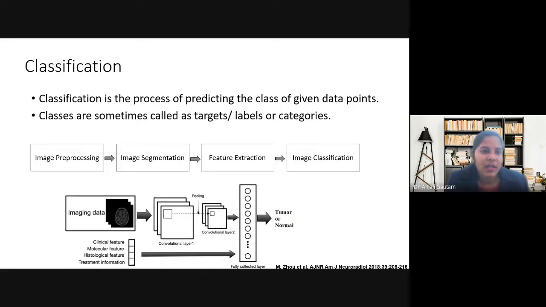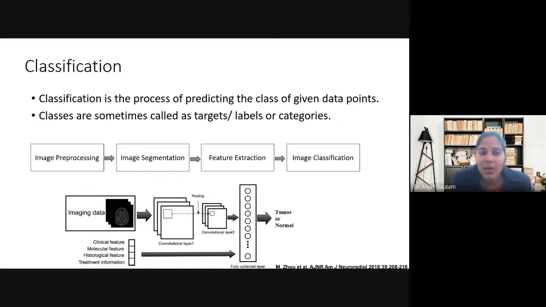It is not mandatory that for classification you have to apply segmentation. In the case of the brain, with segmentation we can remove the skull part from the MR scan or CT scan image. Then they use features extracted after segmentation, and based on the features the person is classified into the tumor or non-tumor category. This is what people used to do earlier.